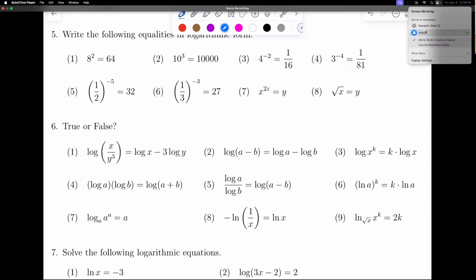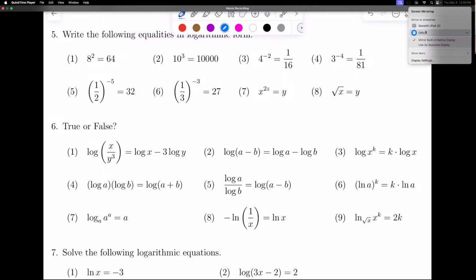It doesn't make sense. Well, it depends. If they're really equal to each other, why does it look different? Okay, let me think about it. I don't know. Because the power is weird.